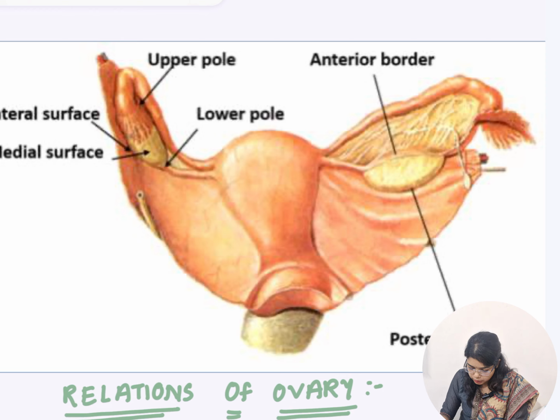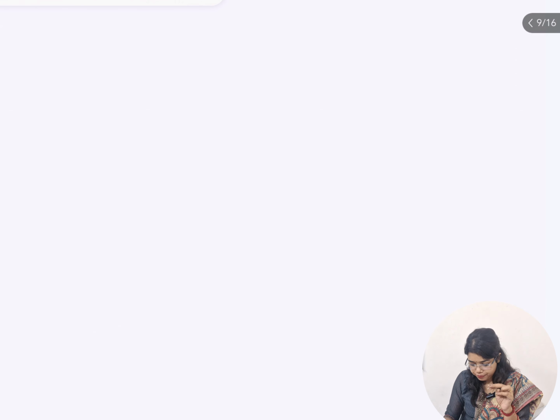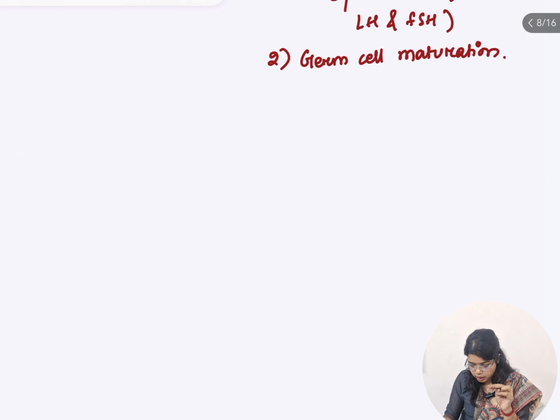And this is the upper and lower pole of the ovary. So understood? There are 2 borders, anterior and posterior. There are 2 surfaces, medial and lateral, and there are 2 poles, upper pole and lower pole.